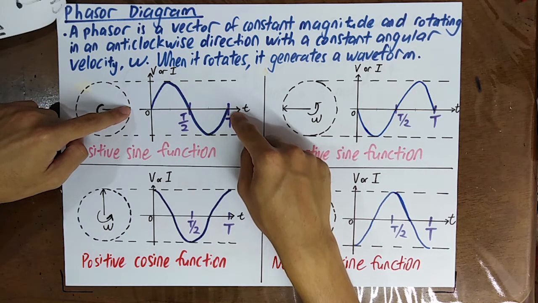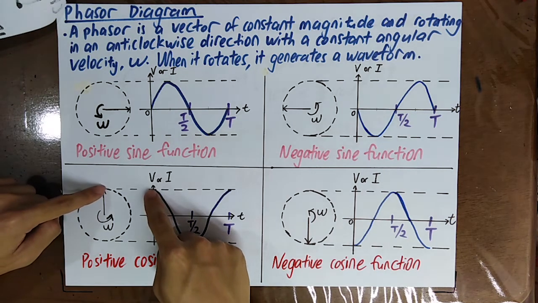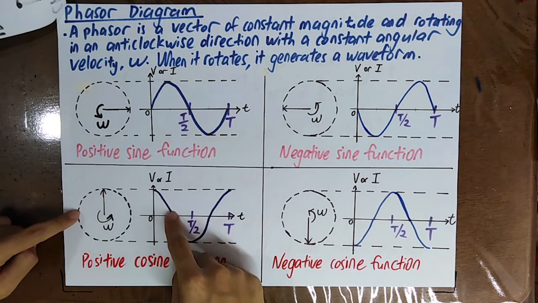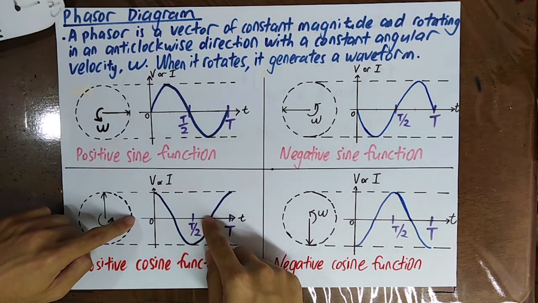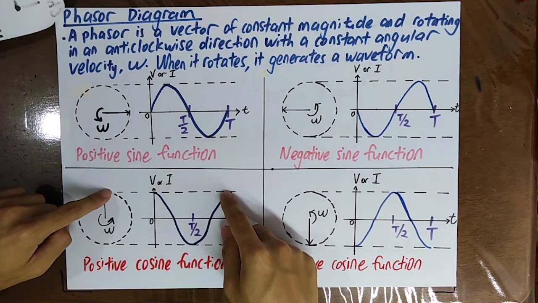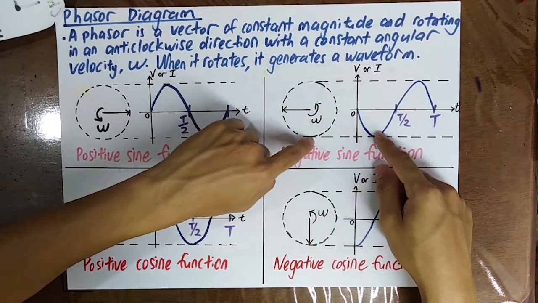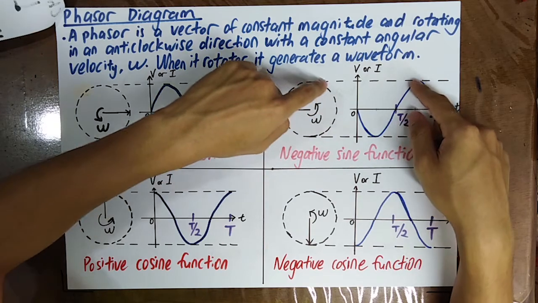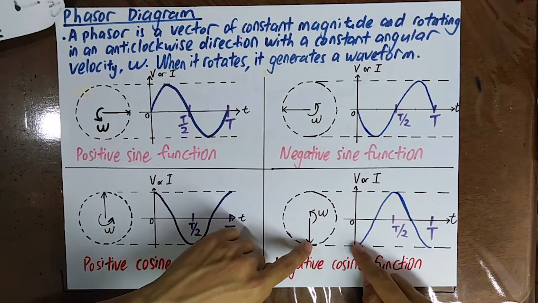So by the same reasoning, for example, for the positive cosine function, it is like this. For the negative sine function, it's like this. For the negative cosine function, it's like this.